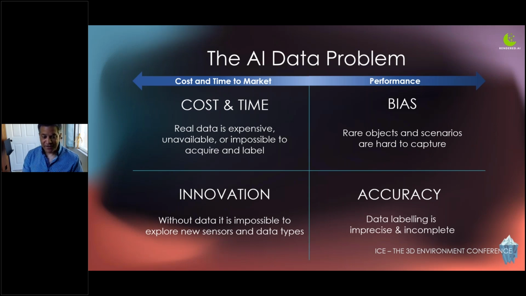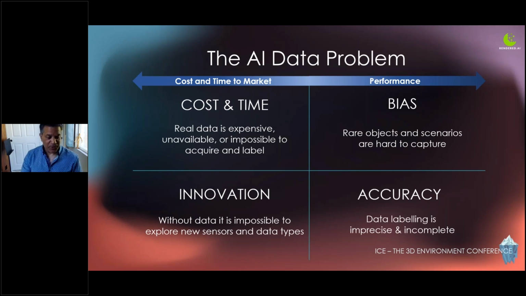On the other side, we also run into customers who are finding that real data set acquisition is super expensive, and it may even be impossible in some cases to acquire and label certain types of data. In one case, for example, in the European market, data with people's faces tends to be very difficult to obtain because of the need to get release of personally identifiable information, which makes it extremely expensive and difficult to acquire human facial data.